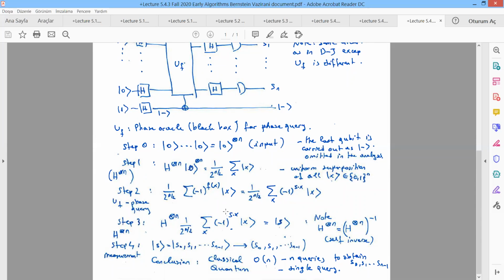In other words, Hadamard tensor n applied to this quantum state would produce the ket s state vector.